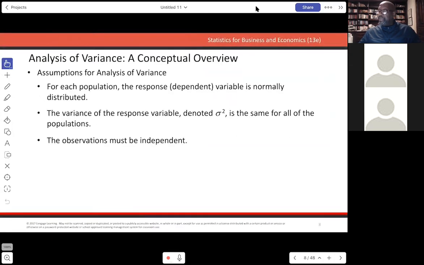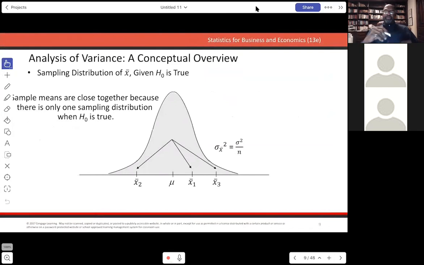There's a picture that kind of explains this right here. So let's try to get this idea about how we would do this analysis. One of the assumptions that we make is that if the means are the same, and we assume that the population standard deviations are all the same, then that is just a single distribution.